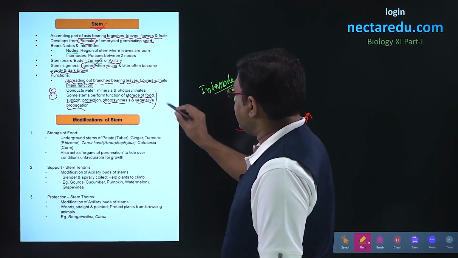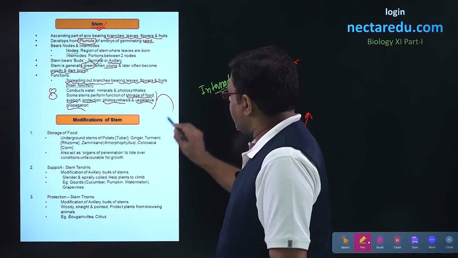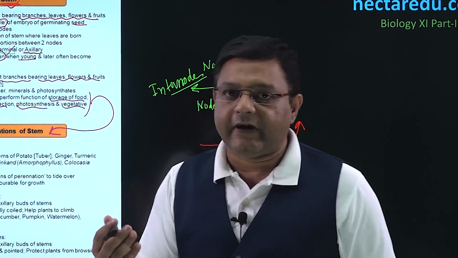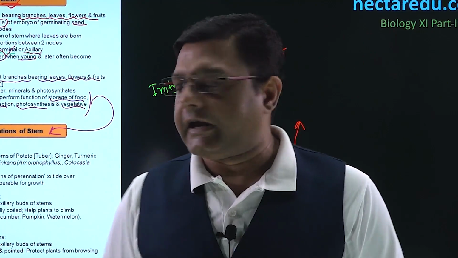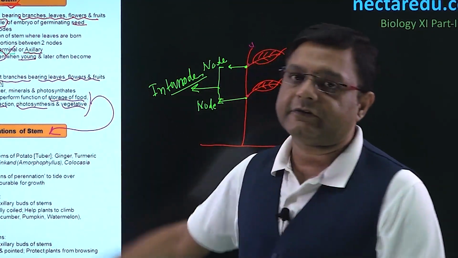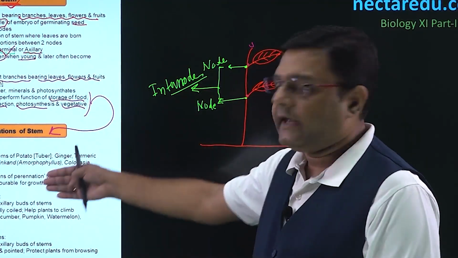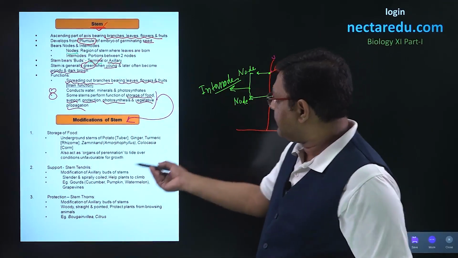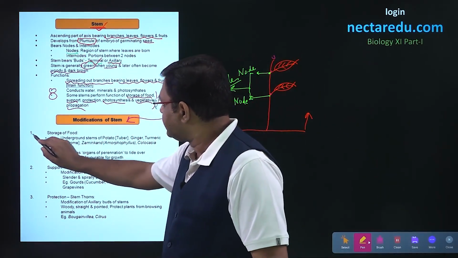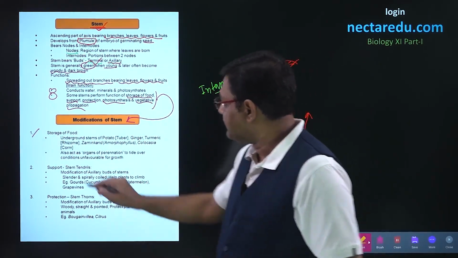So, we can say that these are the functions in which stem will modify and perform. We will look into these modifications of stem one by one. In all we will look into 5 modifications of stem. The first, as we have seen, is the storage of food.